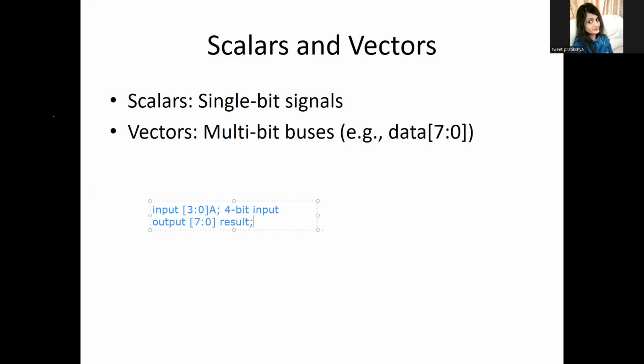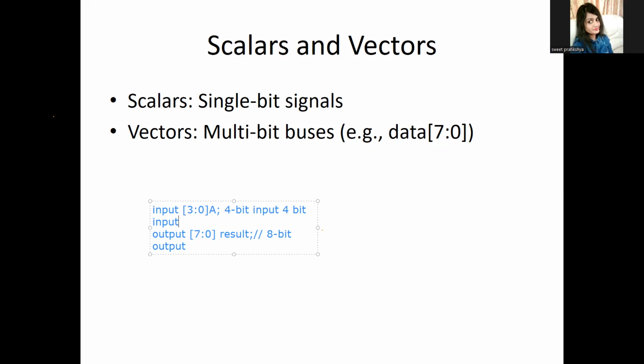Suppose we want to define it, so for clear understanding we can write that it is an 8-bit output and this is a 4-bit input. Is that clear? Similarly, if you have input [5:0], that means this is a 6-bit input.